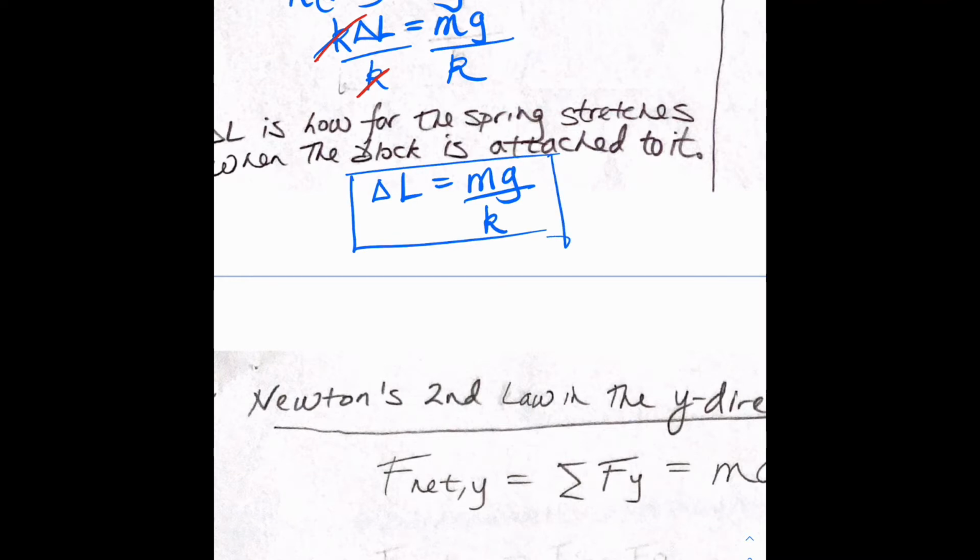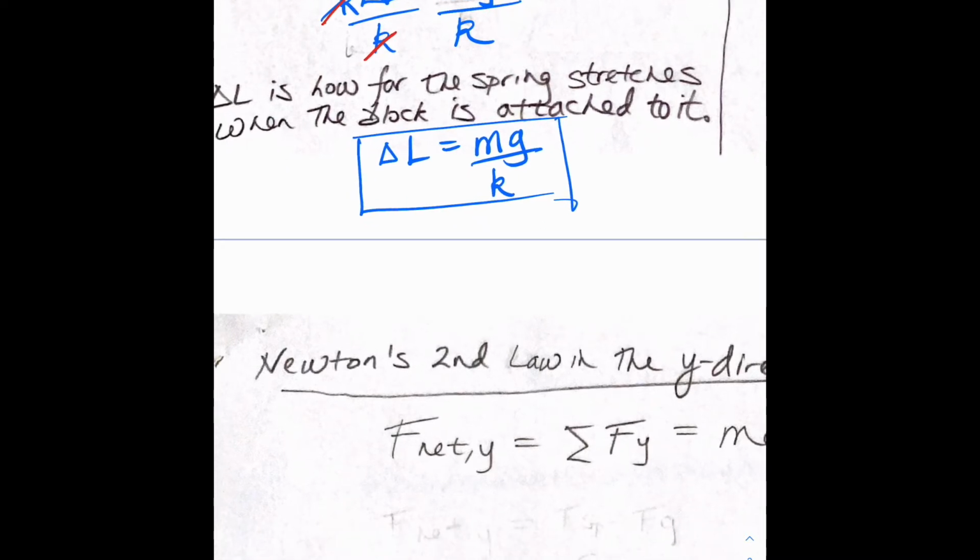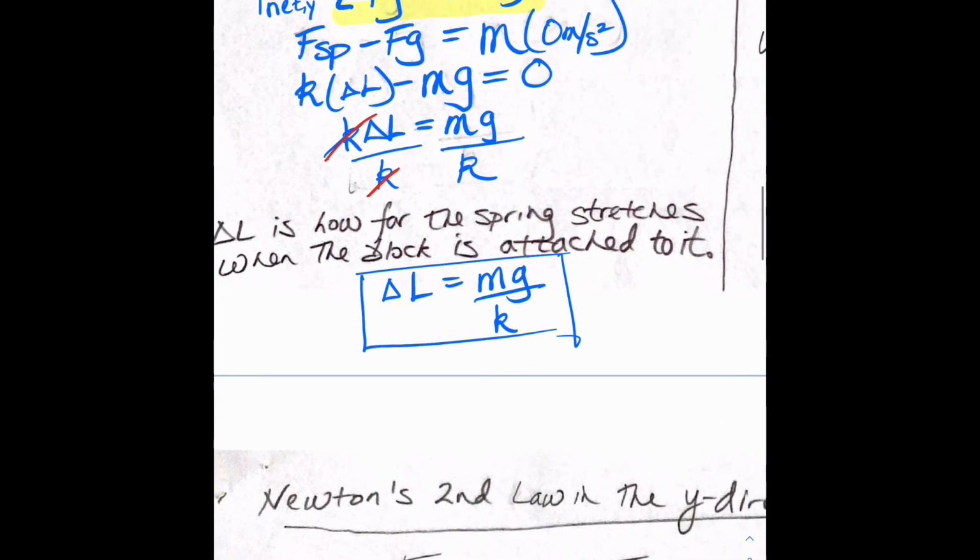Delta L is how far the spring stretches when the block is attached to it. And so now we have an expression for delta L. Now you might say, well, why do we need that? Well, it's going to come in handy here in a second.